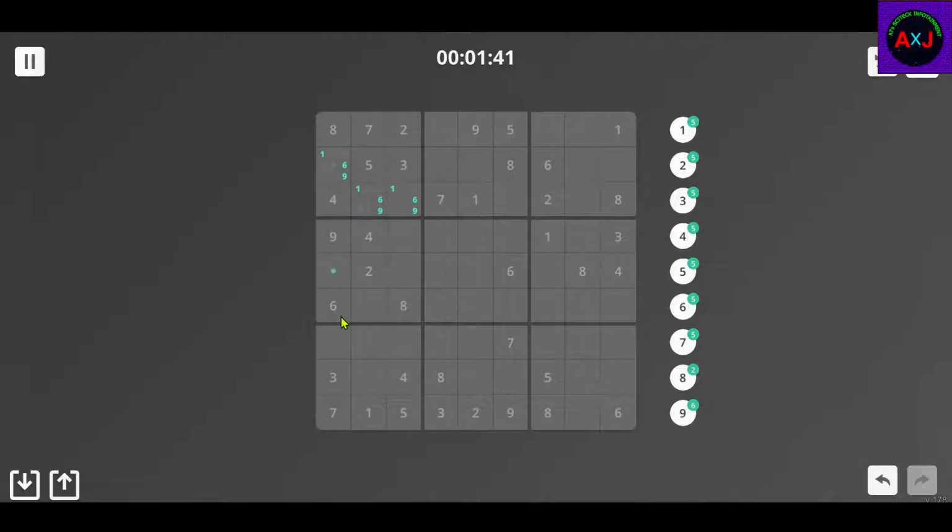Compare filtered cells with the other columns and rows. For this cell, 6 and 9 are already present in the column. Therefore, we can remove 6 and 9 and that leaves only 1 as the cell occupant.